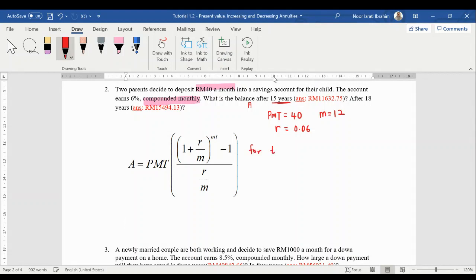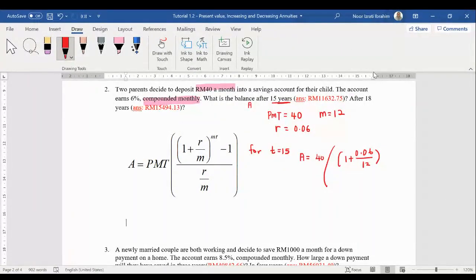For T equals 15, the balance after 15 years will be PMT 40 multiplied with 1 plus R, 0.06 over M, 12, to the power of MT, 12 times 15, is it 180? 12 times 15.